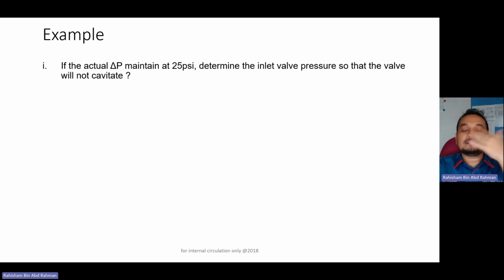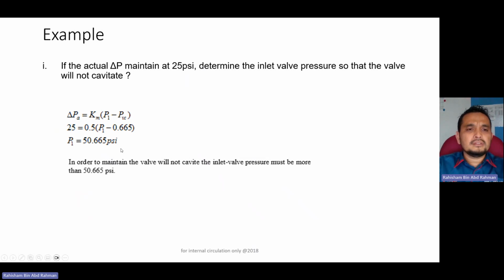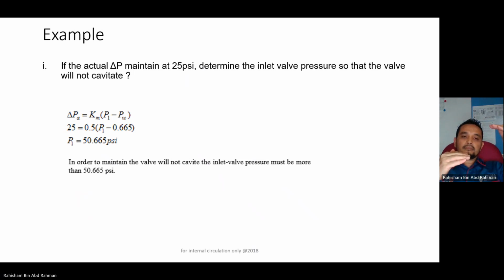How do we calculate? Simple, because we already have the formula for allowable pressure and we have the values. The allowable should be a minimum of 25 or greater, because the actual one is 25. So the allowable should be higher.